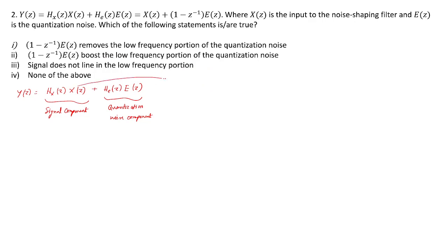Where X(z) is the input signal fed to the noise shaping filter, and E(z) is the quantization noise, and this is uncorrelated, by the way.